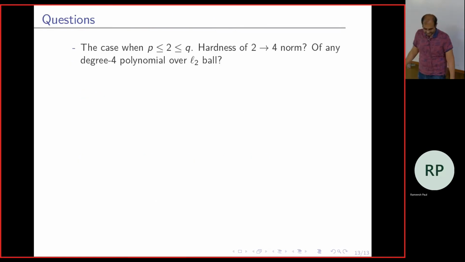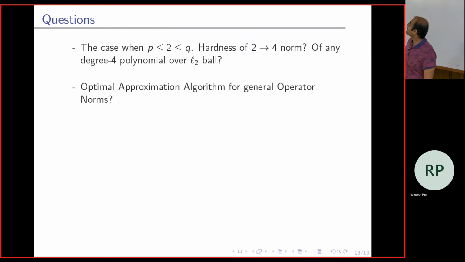All right, so this is all I have to say. And the question that remains, 2 to 4, as I was saying, is a very interesting problem. It's connected to so many problems. We don't know, we want to get a good bound for this. And if you notice, when q is an integer bigger than 2, or even integer bigger than 2, then the q norm is actually a polynomial.